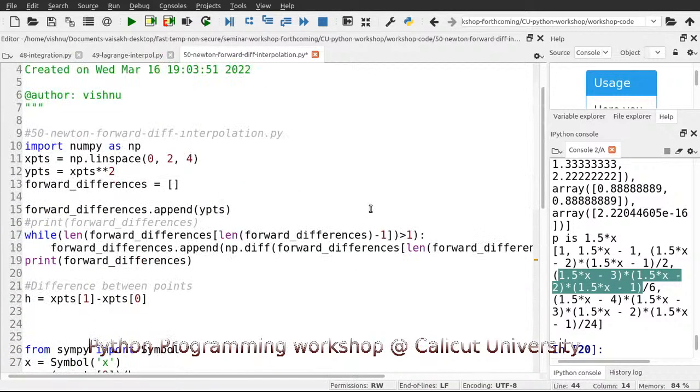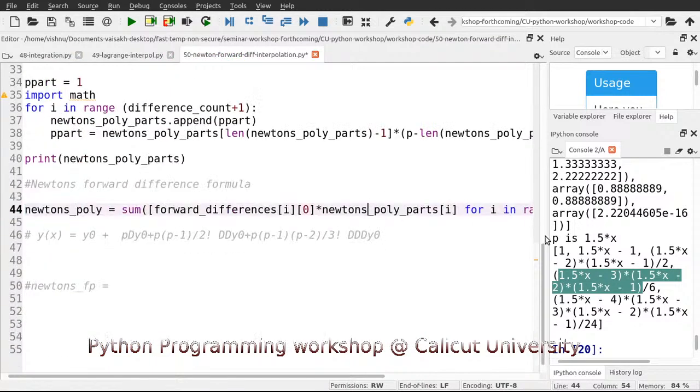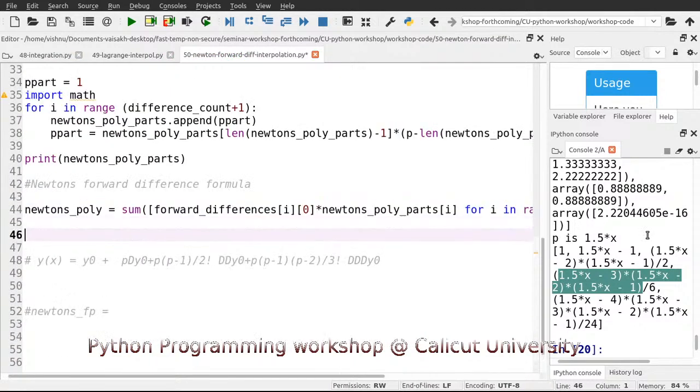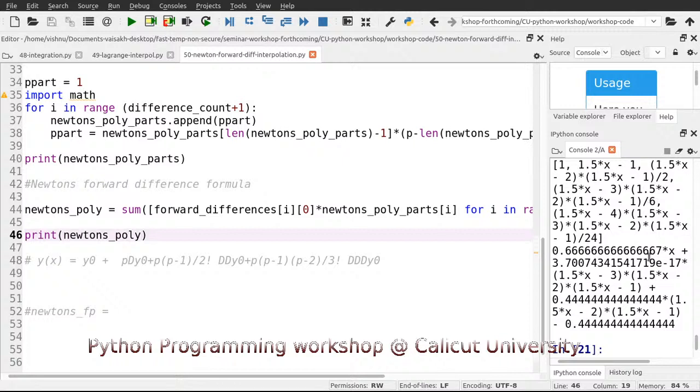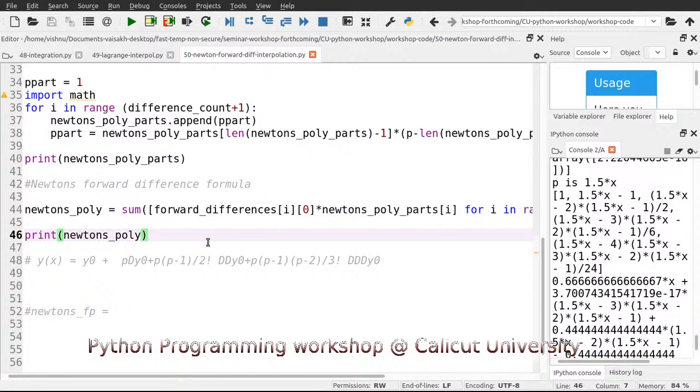So we have taken 4 points. Print. So the polynomial finally is this.